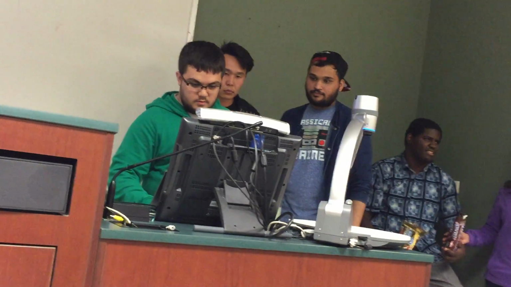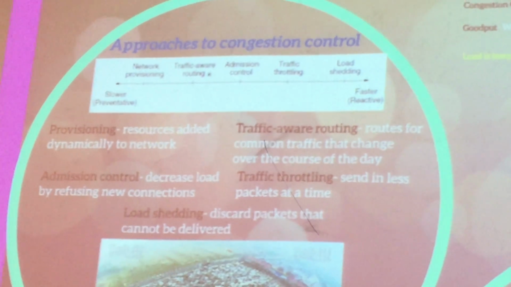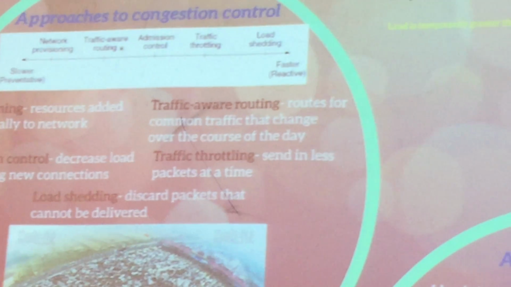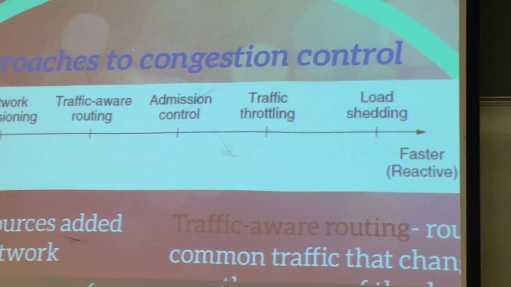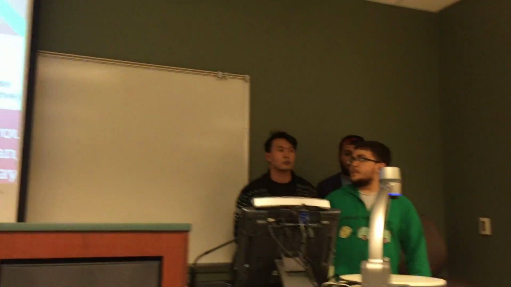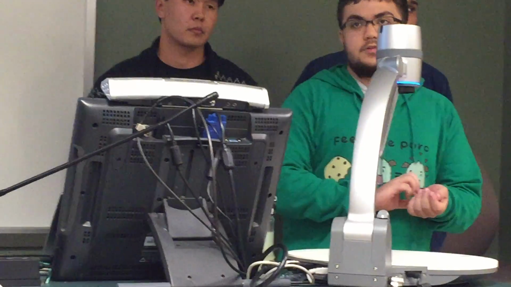Let me bring up this slide right here. So in this graph up here, I don't know if you can see that real well. Can I zoom in? Yeah. So it goes from slower to faster in that graph. Slower algorithms are more preventative, so it tries to stop congestion before it happens.